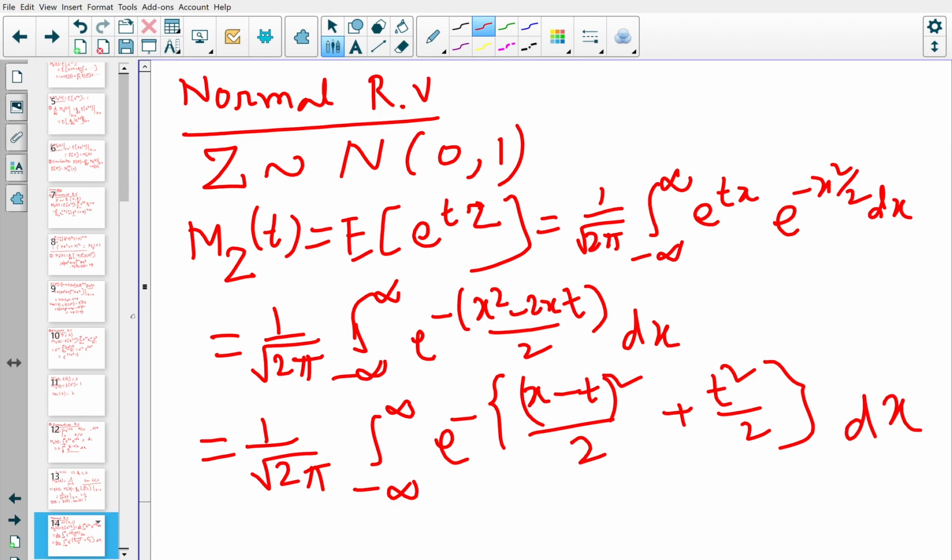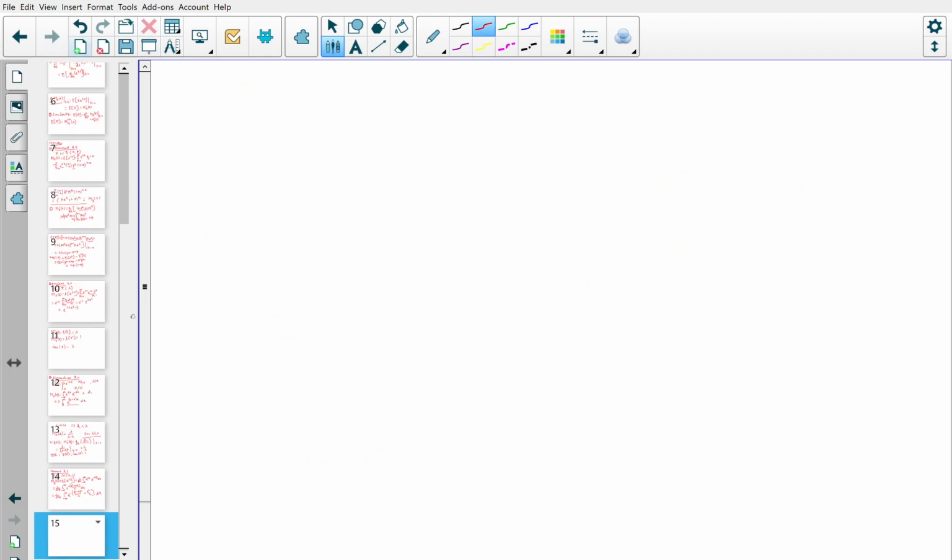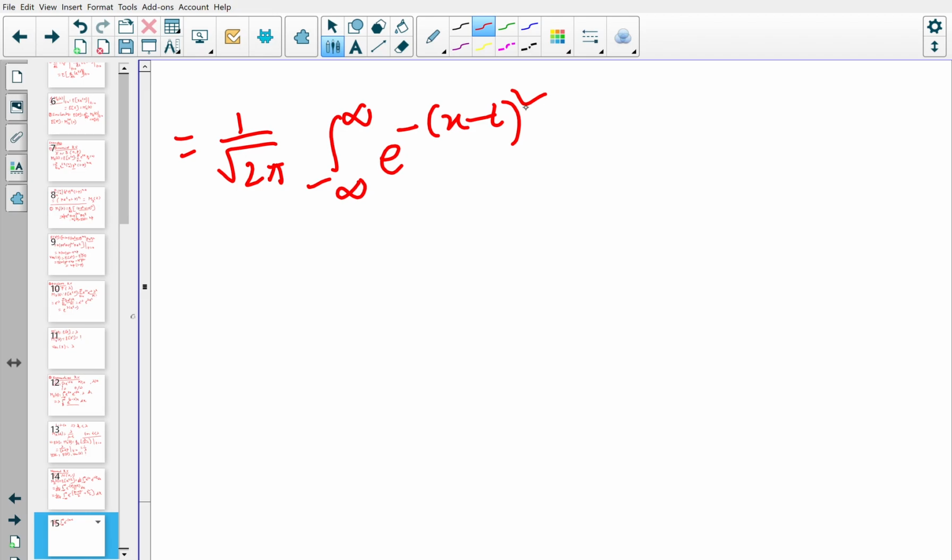So let me write it properly: 1 by root 2 pi, integral from minus infinity to plus infinity of e power minus (x minus t) whole square by 2, into e power t square by 2, dx.